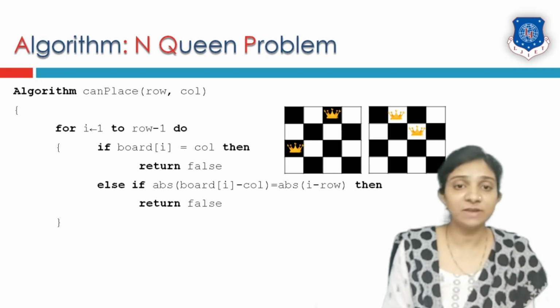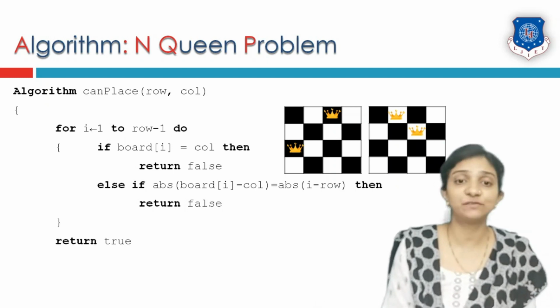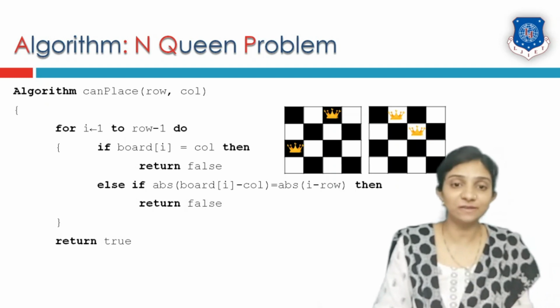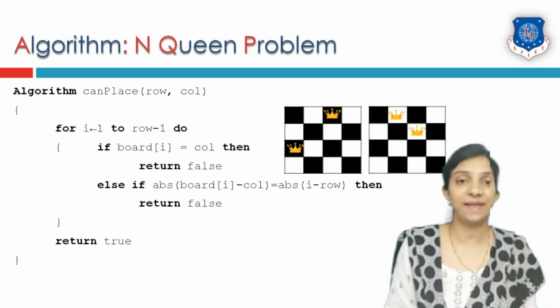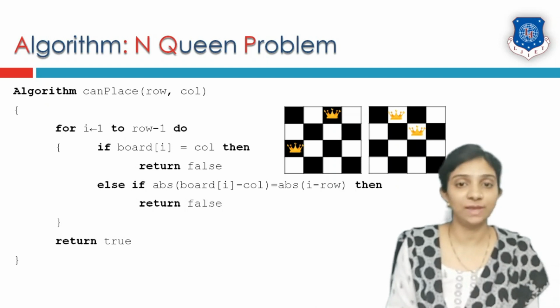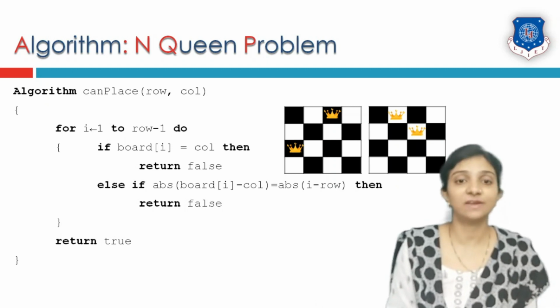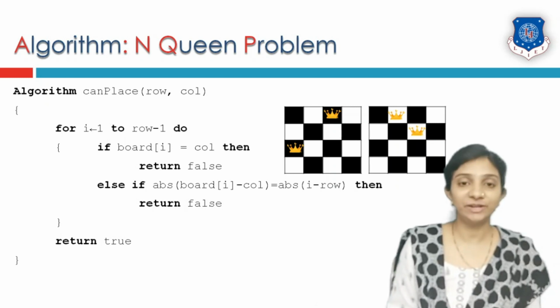If no previous queen is falling on the same diagonal, we have to return true. That means yes, we can place a queen in a given row. So this is how the can place algorithm works. It will return true or false after checking whether the current place is in an attacking position or not. I hope it is clear to you.